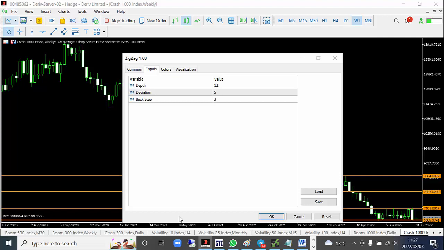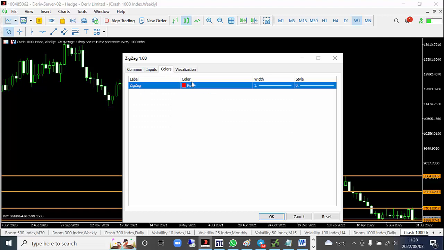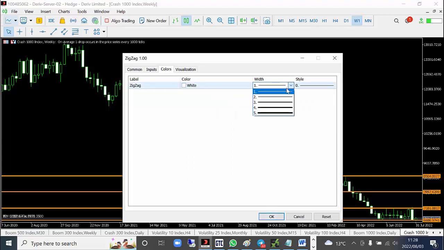So now our zigzag should be the 5 5 1 setting. I want to put my color at white. Okay, so then I want to make it thicker so that I can see it properly.